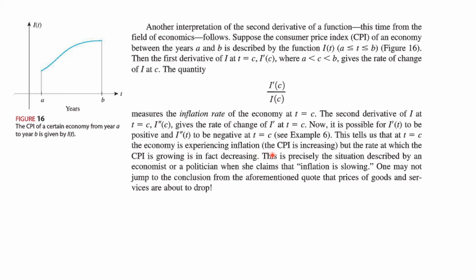The CPI is increasing, but the rate at which the CPI is growing is in fact decreasing. This is precisely the situation described by an economist or a politician when he or she claims that inflation is slowing. One cannot jump to the conclusion that the prices of goods are about to drop. They're just rising, and the increase is slower.